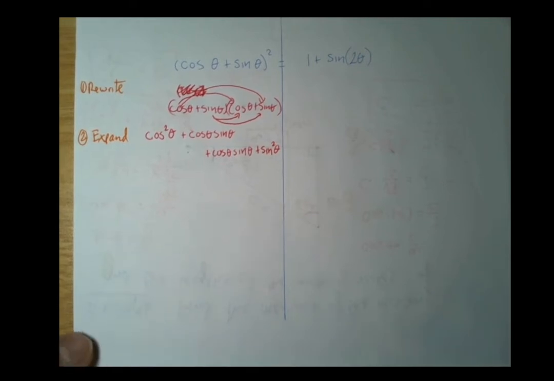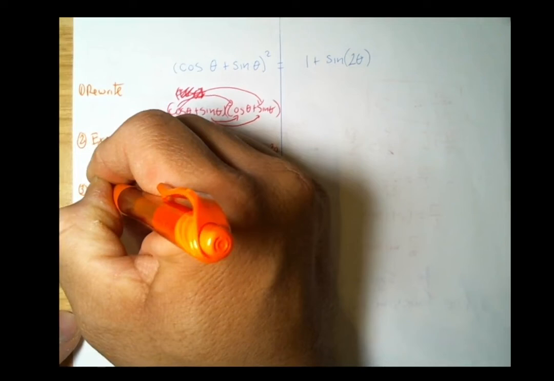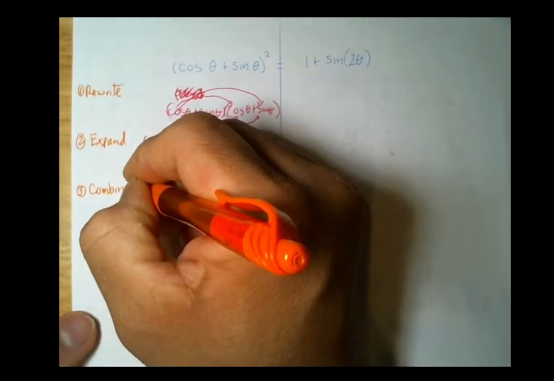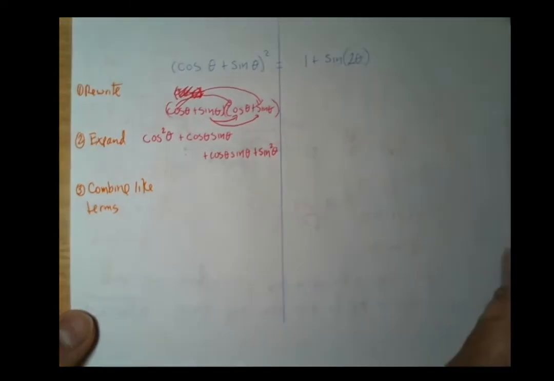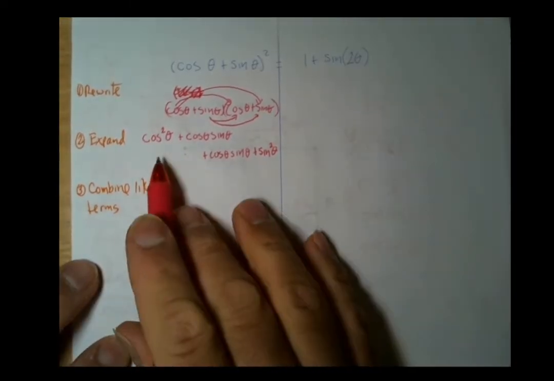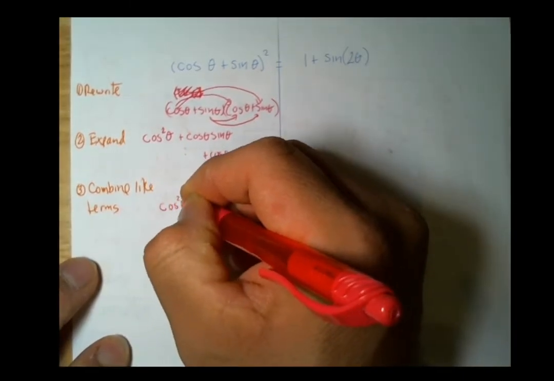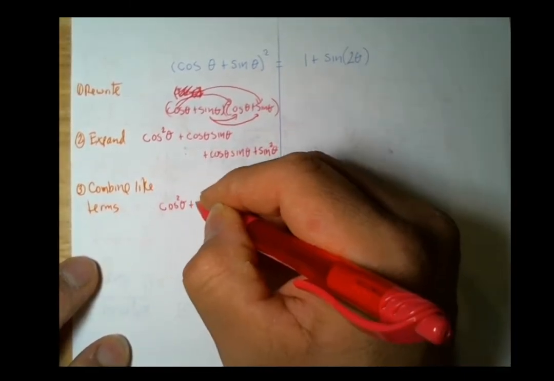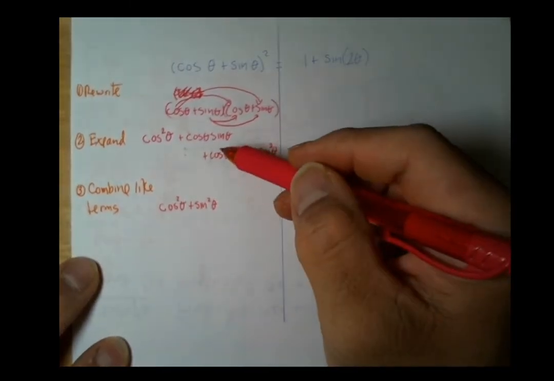And now my next step is going to be to combine like terms. This cosine squared theta doesn't have a like term, so I'll just rewrite it here. And neither does this sine squared, so I'll just group it here. But these two are like terms.